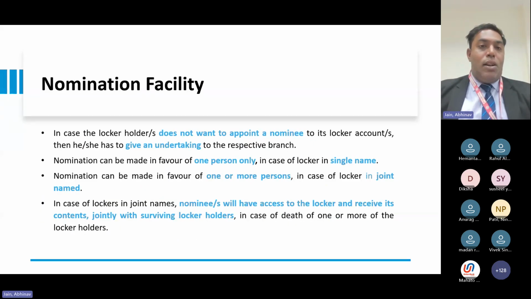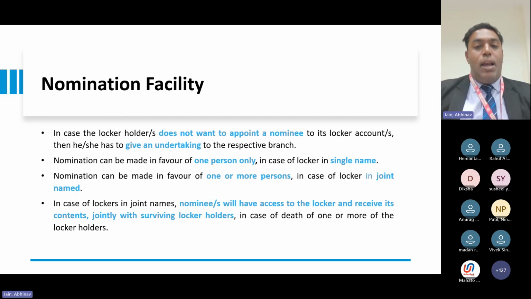Let us discuss the nomination facility in case of locker. If somebody doesn't want to nominate anyone, they can give an undertaking that I don't want to make any nomination. Nomination can be done in favor of a single person if the locker is in single name. If the locker is in joint name, one or more persons can be nominated. If the locker is in joint name, the nominee will have to access the locker and receive its content jointly with the surviving locker holder.